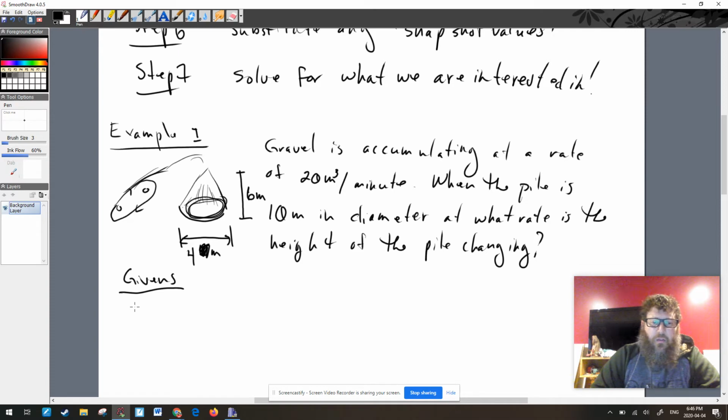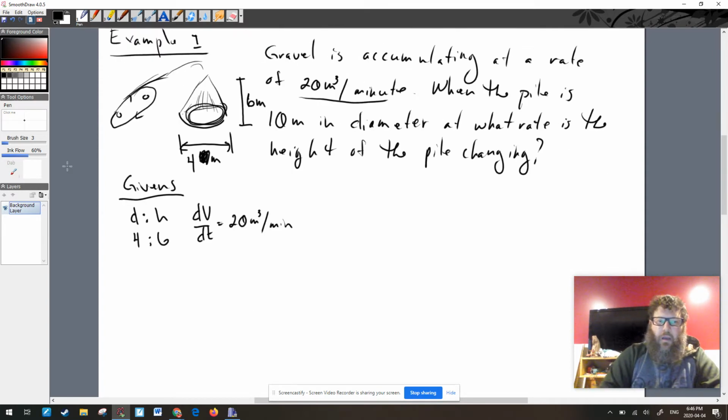So I'm going to say that the diameter to the height is given as 4 to 6, and we'll revisit that in a bit. We are given that the gravel is accumulating at 20 cubic meters per minute. So that actually pans out as being dV by dt. dV by dt is going to be 20 meters cubed per minute, and that's really important.